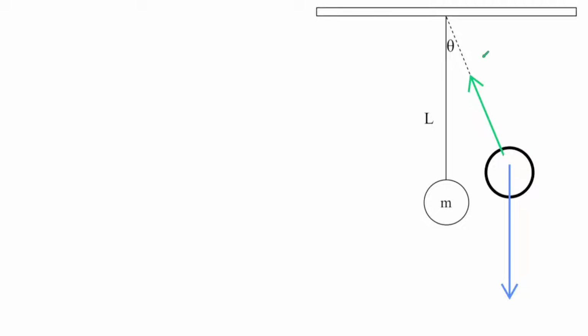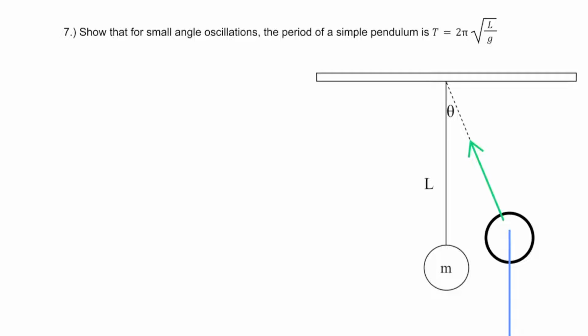Because we're dealing with how the angle changes for a pendulum, we're actually going to set up a net torque equation to show what's happening in the rotational side of things. So we're going to want to set up a net torque equals I alpha equation.